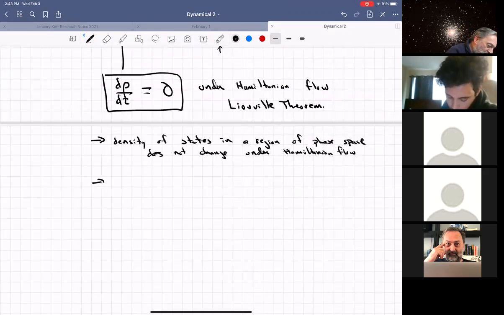Or I prefer to say it in the following way. You can see how this is going to be the case once you think about the density of states.